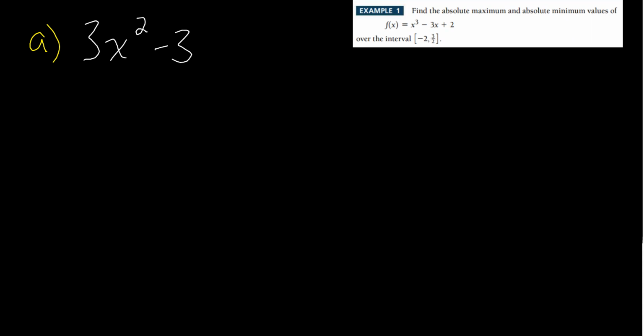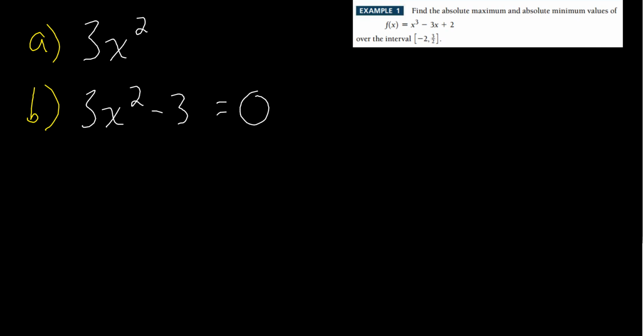Step 2, or step B, was to equate the derivative to 0, and then we will find our critical values. So let's equate this to 0. We're going to have 3x squared minus 3, and let's actually do better notation here and denote this as the first derivative.